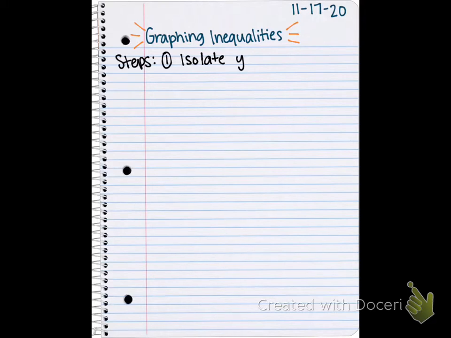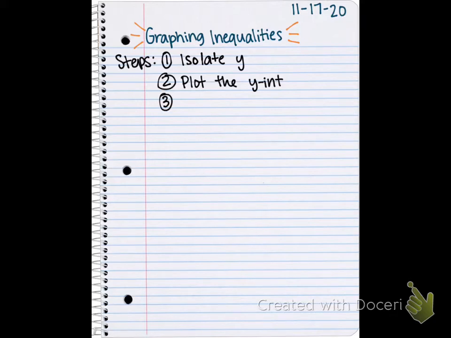We've done that before. Step 2 is to plot the y-intercept. You're plotting this y-intercept on the graph.